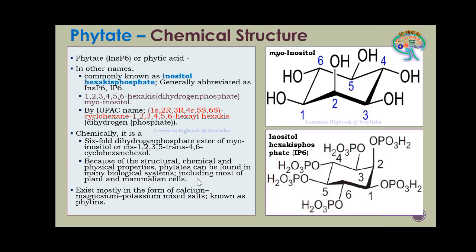Here you can observe that phytic acid or phytate, besides being an anti-nutrient, is also an essential component of the biological system. In the further slides we will study how it is an anti-nutrient, but you have to browse and understand how this phytate or phytic acid is an essential component.